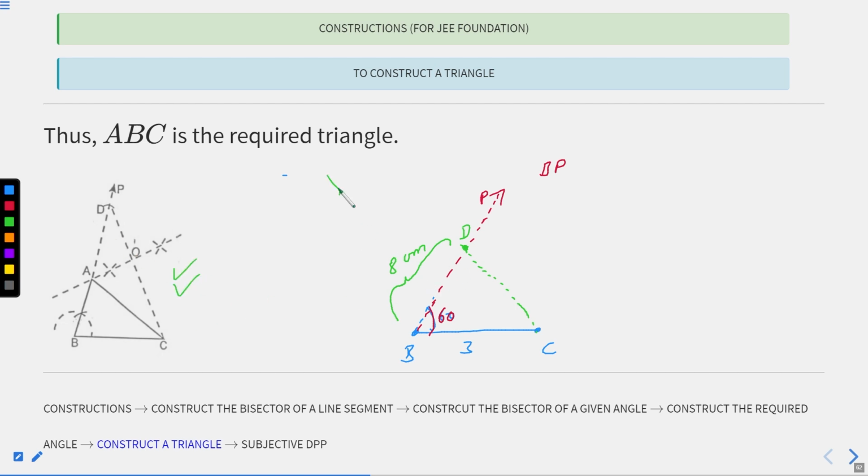I hope things are clear, as you can also see over here. But here I am doing it step by step. After joining, I drew the perpendicular bisector of DC. The perpendicular bisector of DC cuts this line into 2 equal parts with an angle of 90 degrees each.